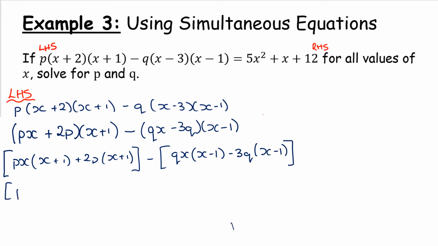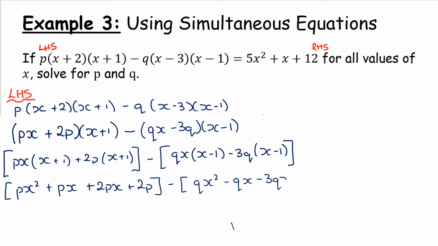Multiplying out, we get px squared plus px plus 2px plus 2p minus qx squared minus qx minus 3qx plus 3q.